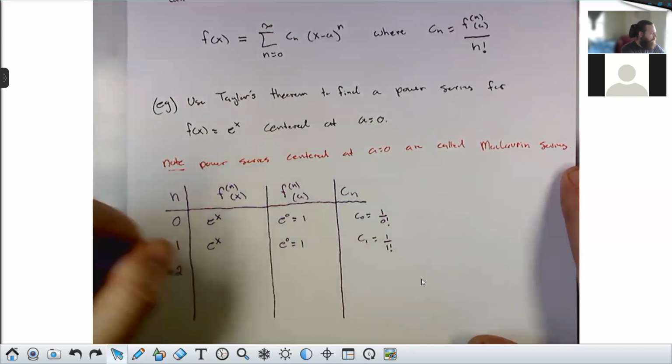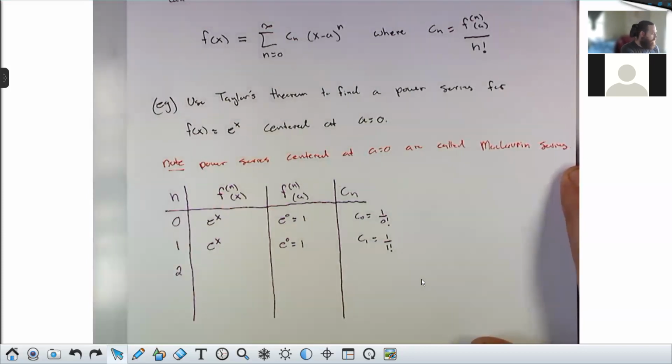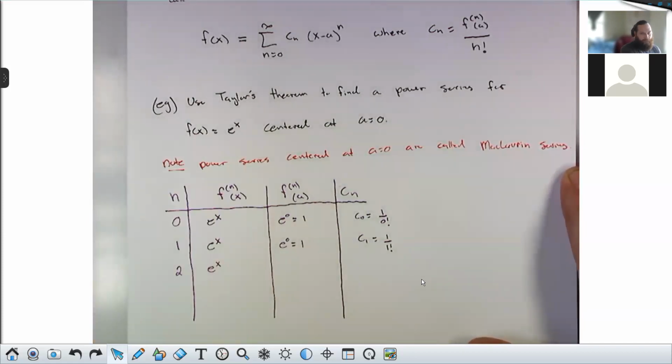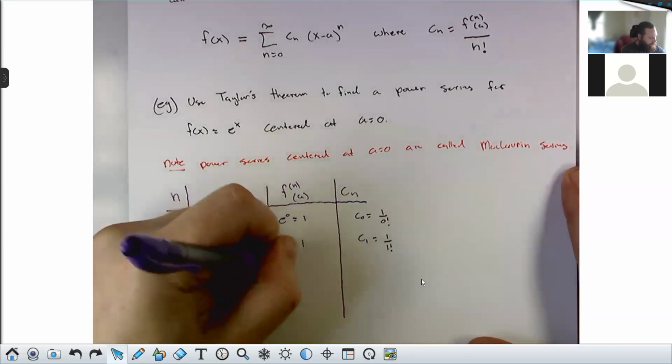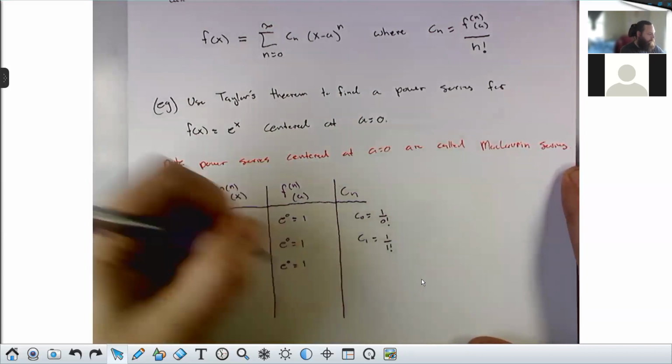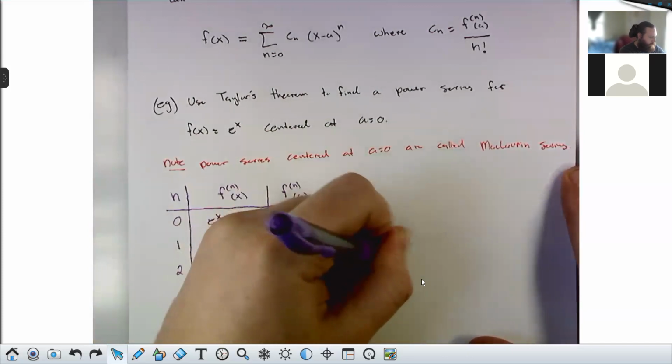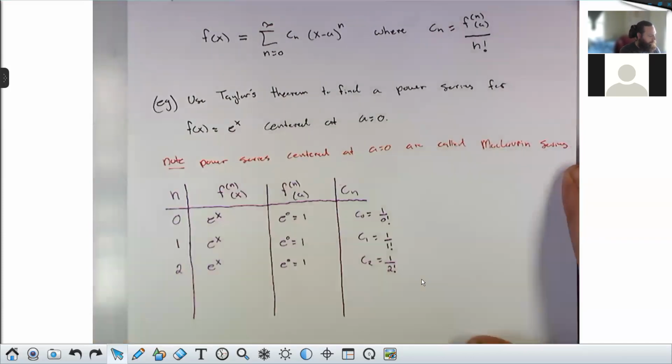If I look at the n equals 2 row, the second derivative of e to the x is still just e to the x. If I plug in the center, I get e to the 0, which is still 1, which means that C2 is going to be 1 over 2 factorial.